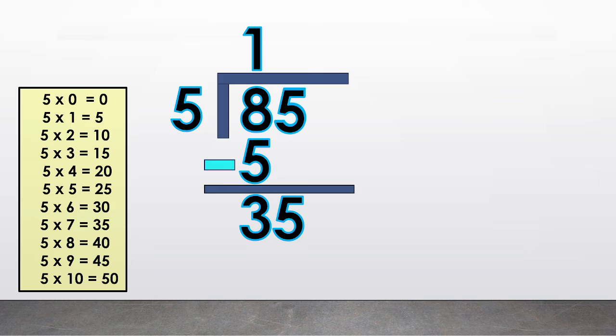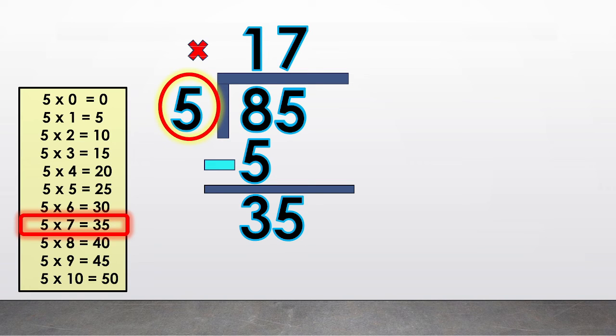We will use the multiplication table of 5. We will use 5 times 7 equals 35. We write the 7 above the 5. Then, we will multiply 5 times 7. 5 times 7 equals 35.